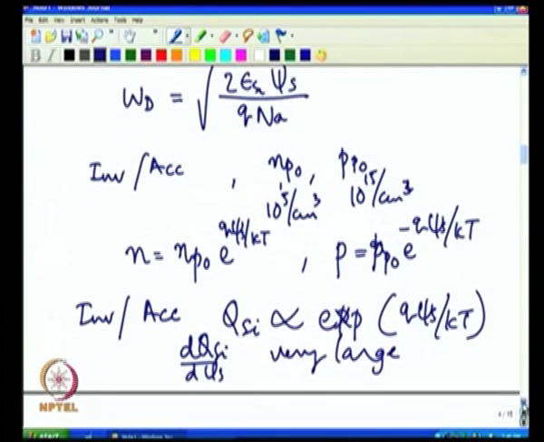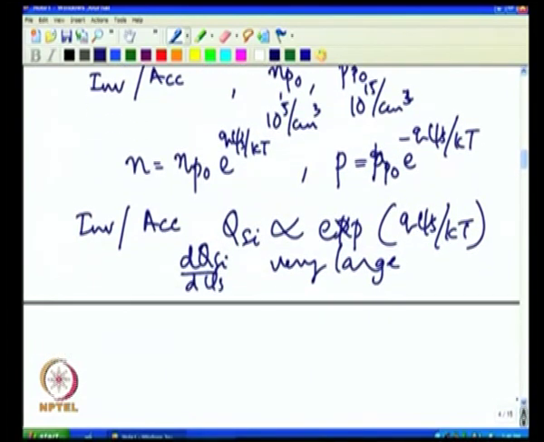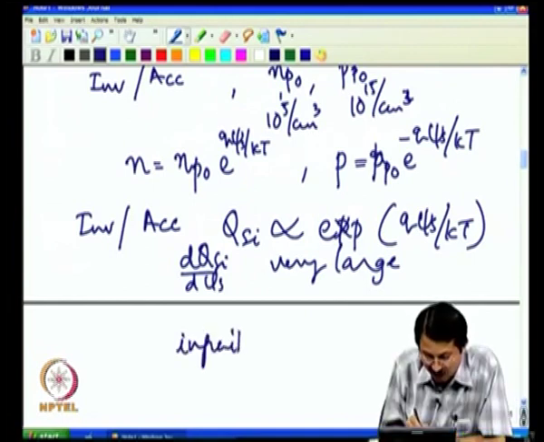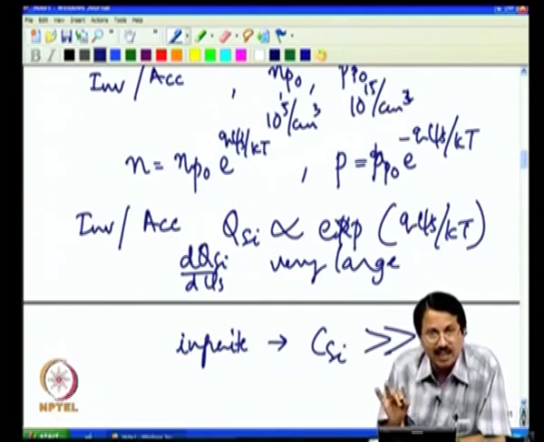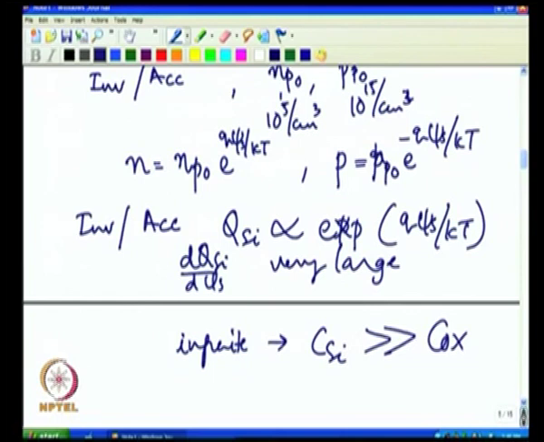Very large meaning sometimes in textbooks you see that it is treated as infinite. All that means is that C silicon is significantly large compared to C ox. Compared to C ox, my C silicon is huge, and hence I say infinite.